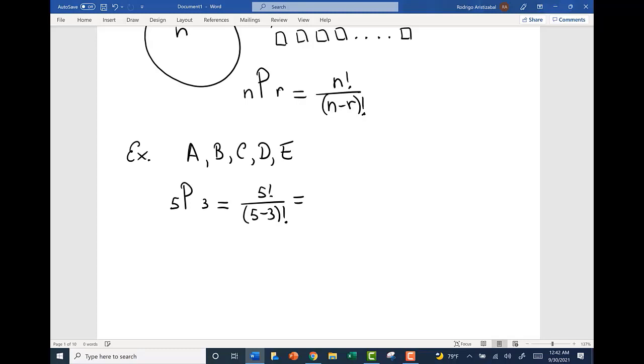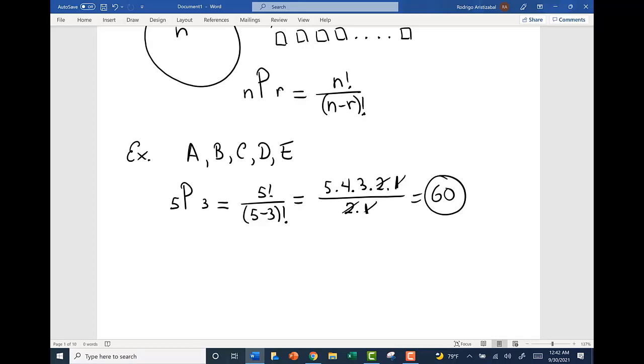If we compute that, we have 5 times 4 times 3 times 2 times 1, which is 5 factorial, divided by 5 minus 3 is 2 factorial, which is 2 times 1. Then we can simplify canceling this factor and we obtain 5 times 4 times 3, which is equal to 60. In 60 different ways we can select 3 letters from 5 letters but order matters.